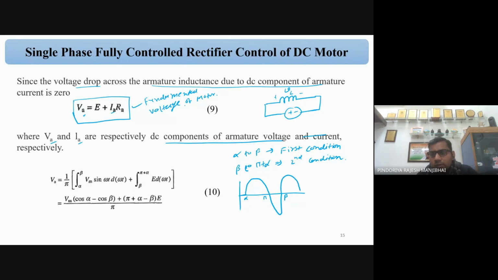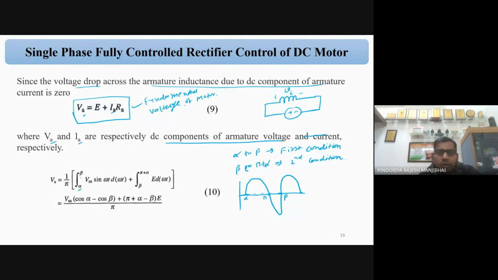So alpha to pi, alpha to beta is this duration, and pi plus beta is this duration. So we have to do the integration, so we have to find out the voltage for the positive cycle integration and negative cycle integration.